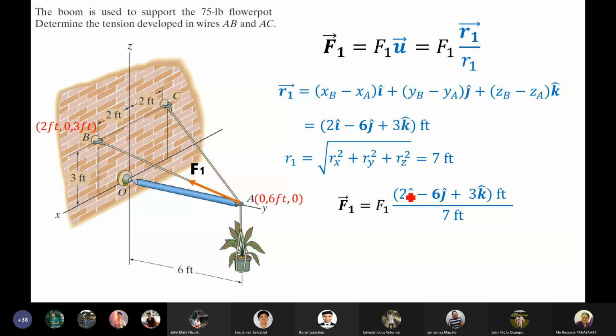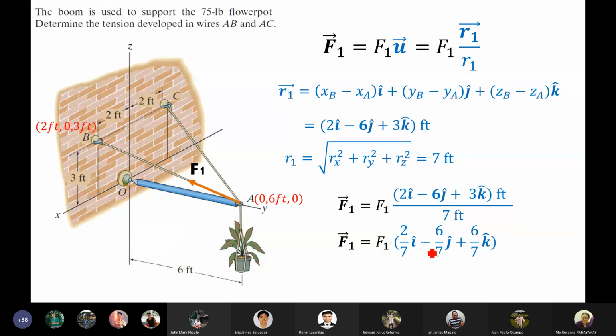Here kasi, pag na-round off tayo, hindi na natin makukuha yung summation of moment which is equal to 0. May butal. Magkakaroon tayo ng butal, which is a very big problem, lalo na pag sa actual world. So, ang gagawin natin is we will get the fraction only because 2 over 7 is a decimal.